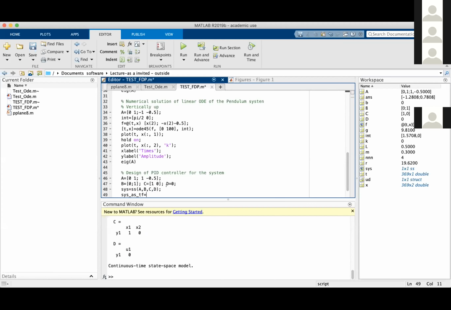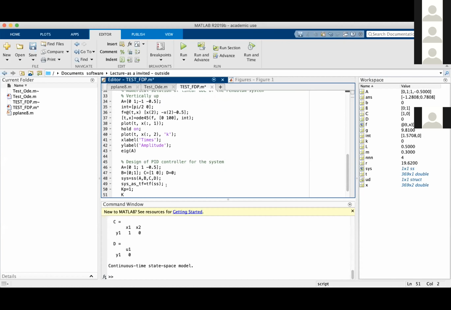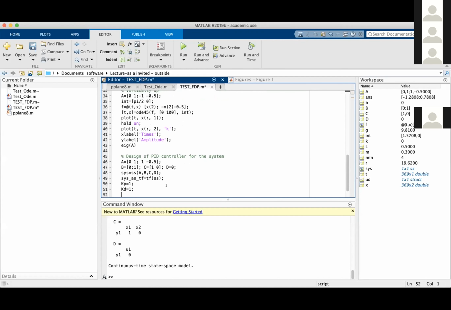Now the system transfer function TF, I can write from SS, and I'll use PID control with KP equal to 1, KD equal to 1, and KI equal to 1. Let me put all the gain parameters equal to 1 only. Something very interesting is going to happen.